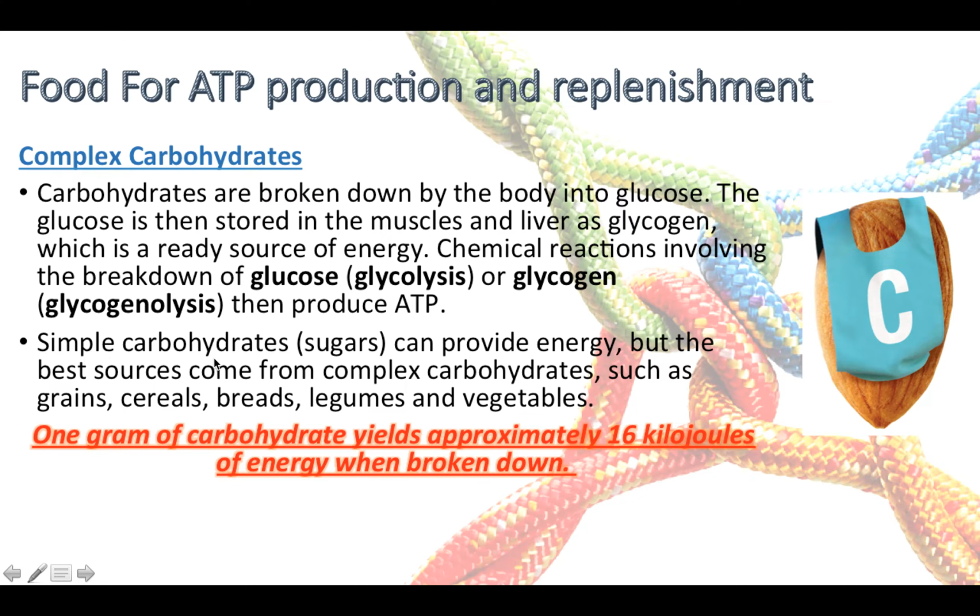Simple carbohydrates, so the ones at the top of that pyramid, are the sugars. They can provide energy, but it's not a great source of energy. Complex carbohydrates we know to be a lot better as athletes. For example, 1 gram of carbohydrate yields approximately 16 kilojoules of energy when broken down. And I'll give you some more comparisons in a minute, so remember that.